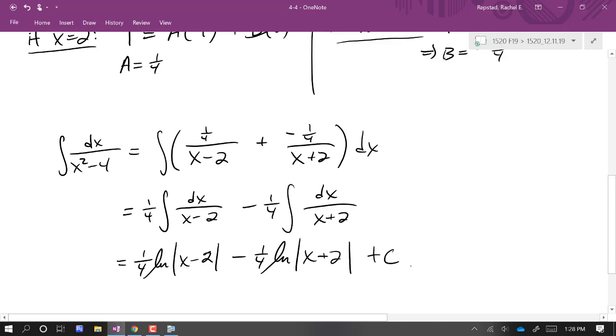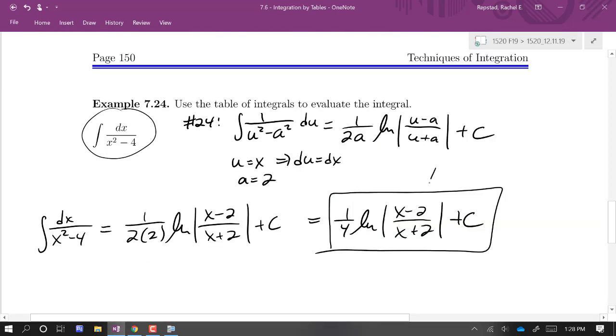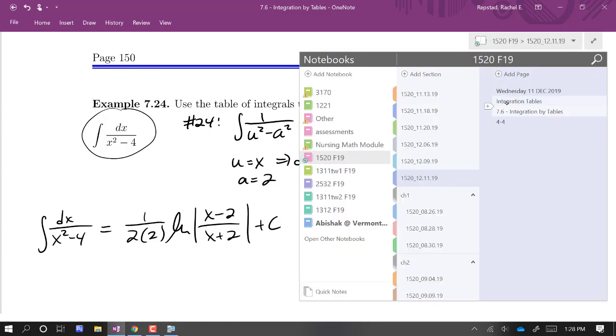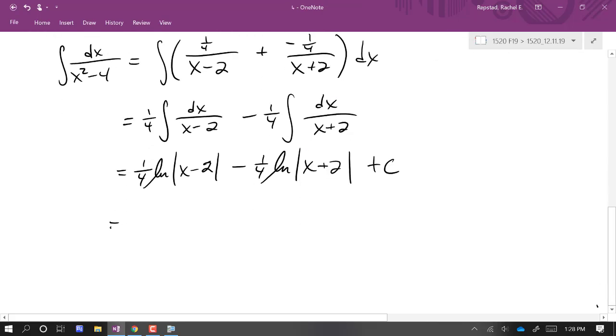If we go back to what we got in that example, I'm going to come right back to this page in a minute, but it looked a little bit different. But we could just do a little bit of algebra now and use properties of logs. So I'm going to factor out the 1/4.